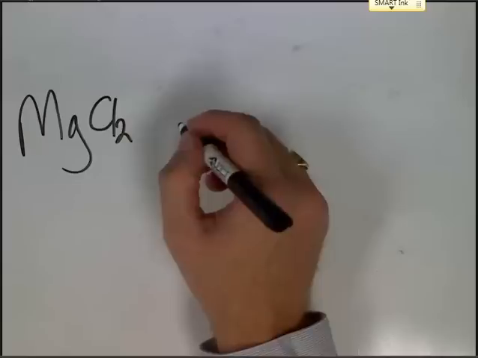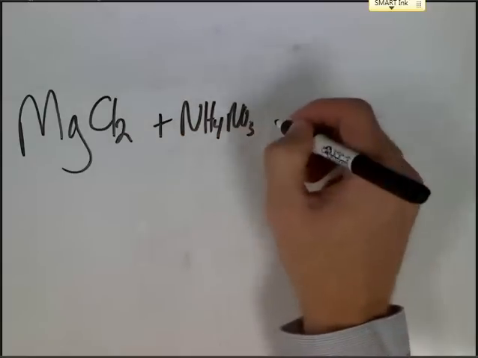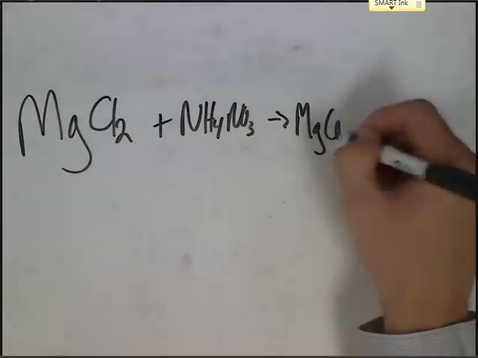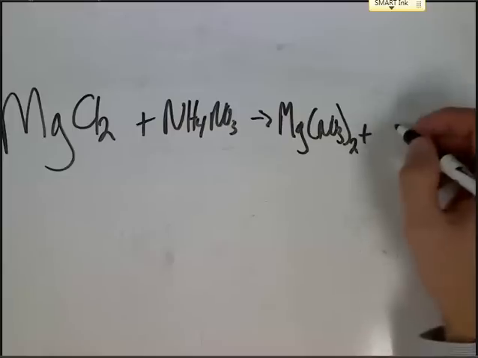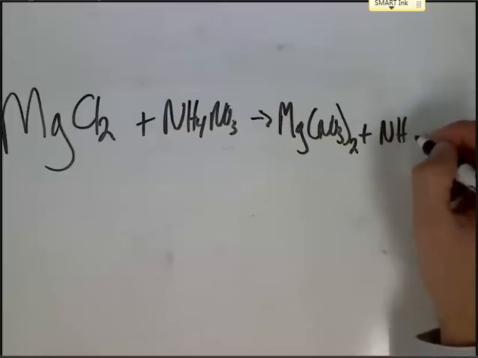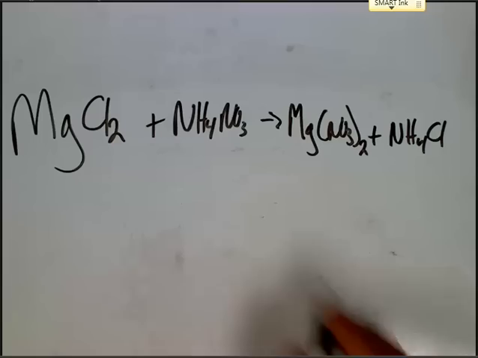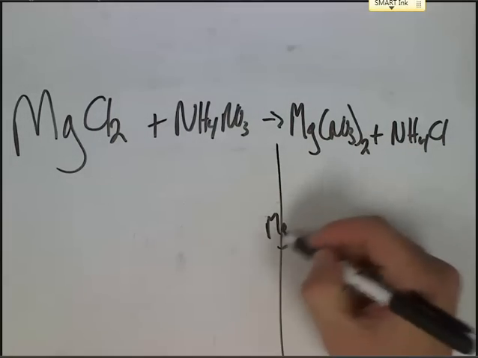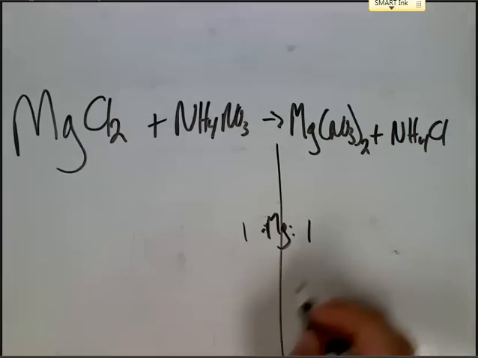Magnesium chloride plus NH4NO3, ammonium nitrate, gives you magnesium nitrate plus NH4Cl, ammonium chloride. So, you've got magnesium, where we've got 1 of them here. We've got 1 of them here.